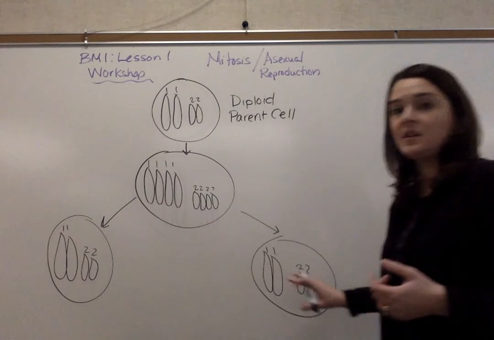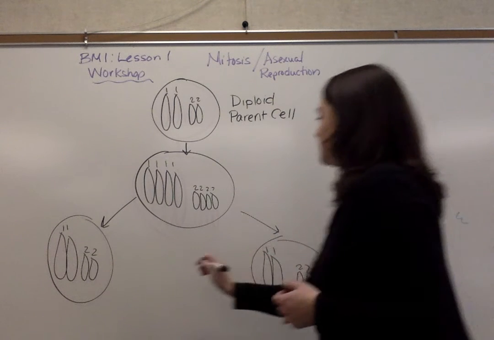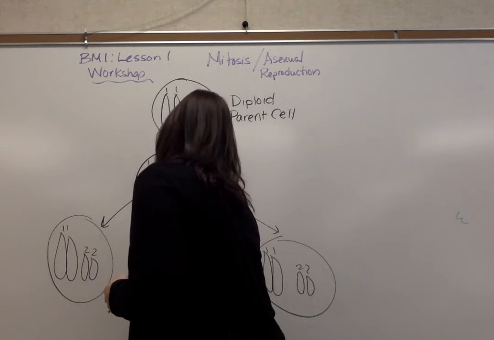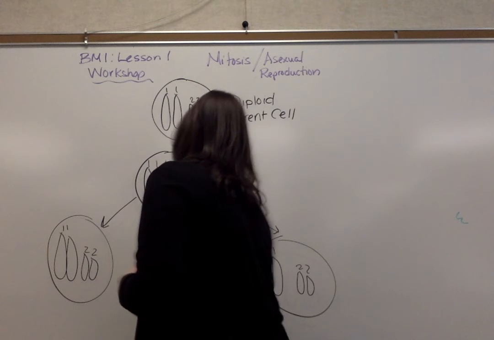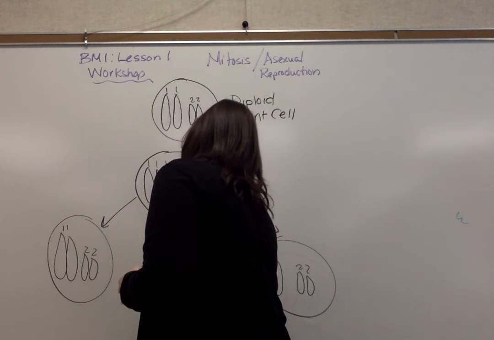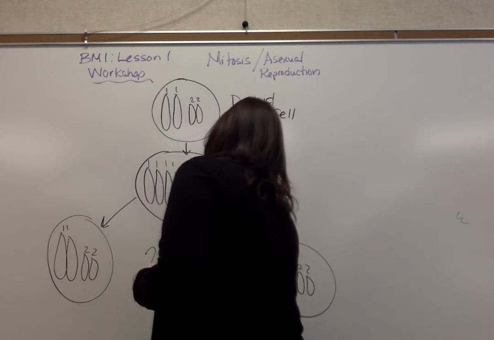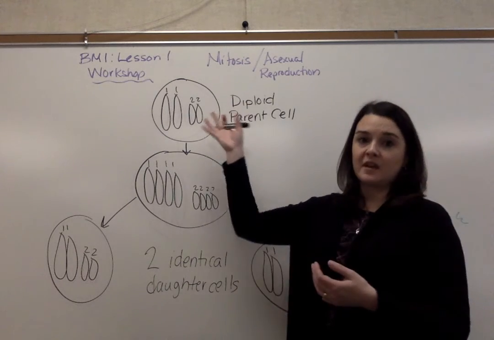So these 2 new cells are called daughter cells. And they are identical to the parent. So these 2 new daughter cells are just like the parent.